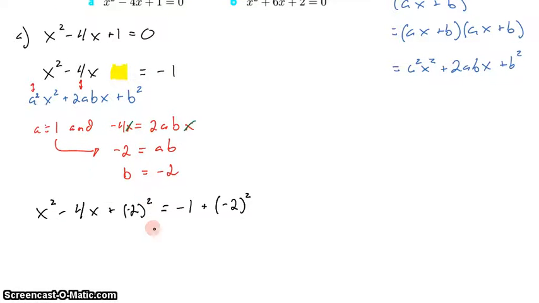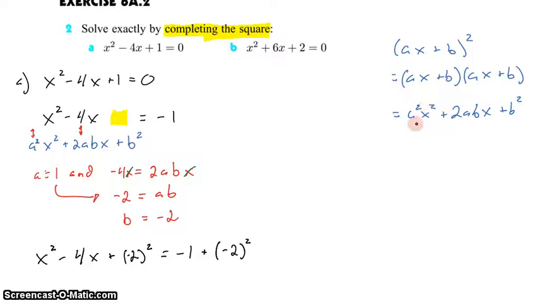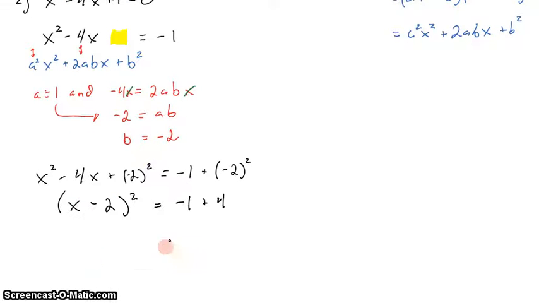I have perfect squares format on this side. So we're of this form, so we can transform to this form. That's going to give me a, which is 1, x, plus b, which is negative 2, squared is equal to negative 1 plus 4. That'll be 3.